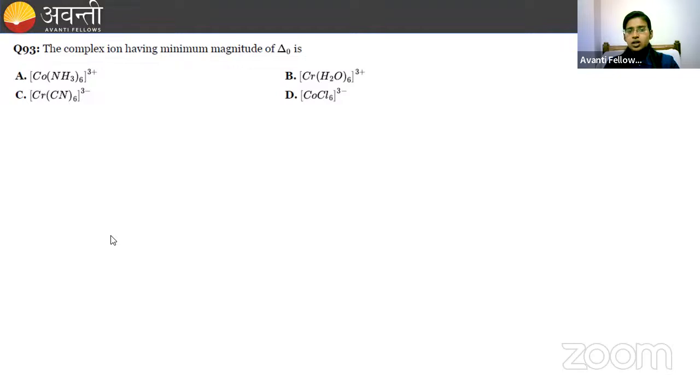The complex ion having minimum magnitude of delta O is. This delta O is called the octahedral field splitting, and the magnitude of this splitting can be calculated using the ligand. So we need to find out whether the given ligand is a strong field ligand or weak field ligand first. So let me take the spectrochemical series.